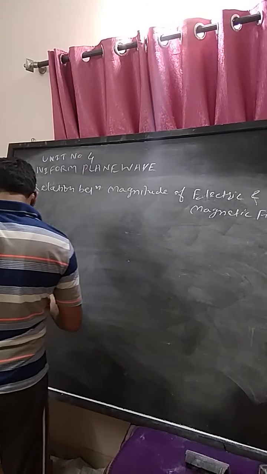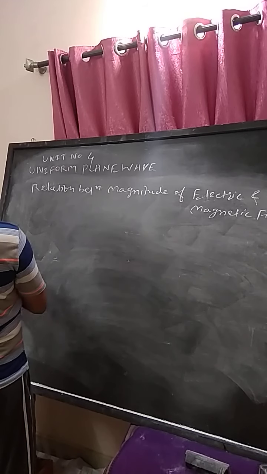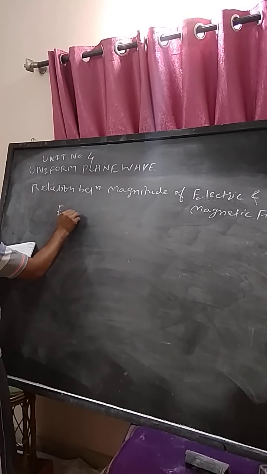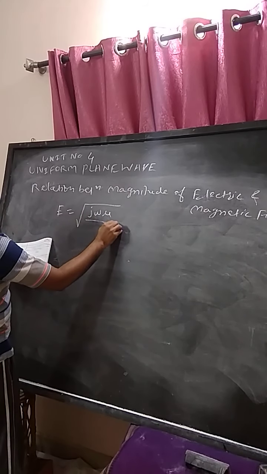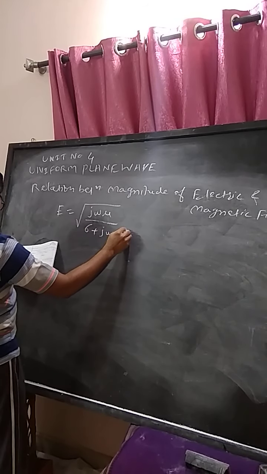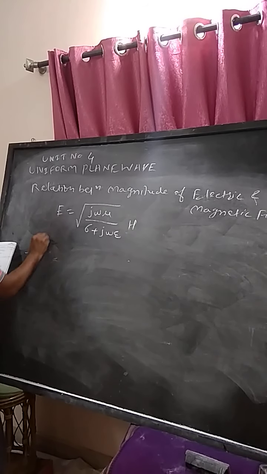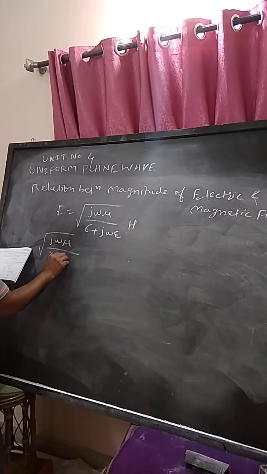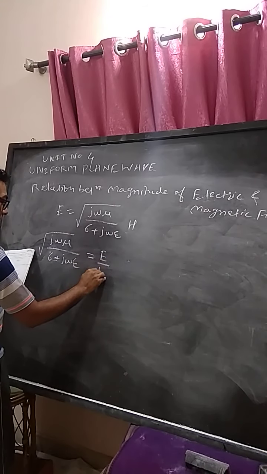So the relation of electric and magnetic field is E equal to under root of j omega mu divided by sigma plus j omega epsilon, into H, where the term under root of j omega mu divided by sigma plus j omega epsilon is equal to E by H.